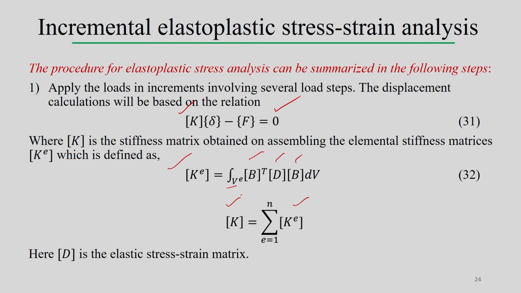Here D is the elastic stress strain matrix. That is the normal procedure. We estimate K, and then if we solve equation 31, we will be able to find the value of the displacement field, that is delta.